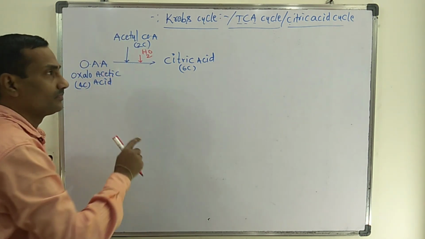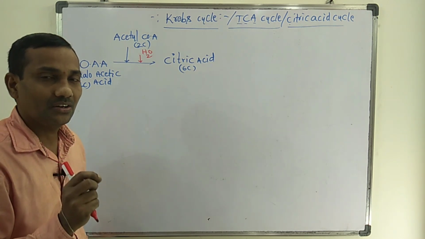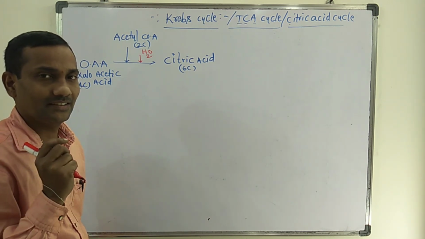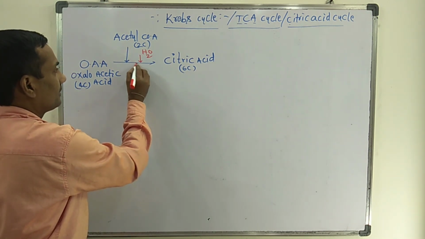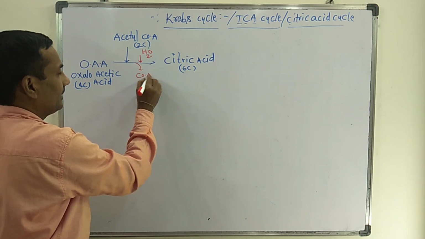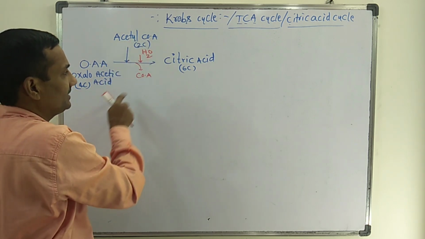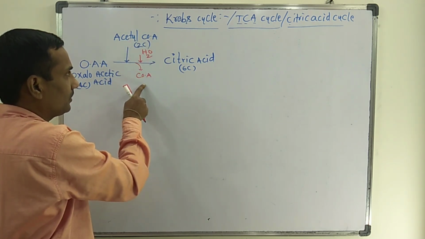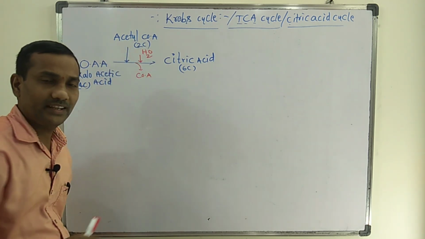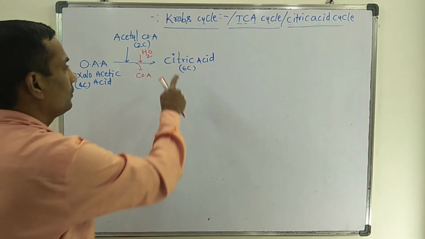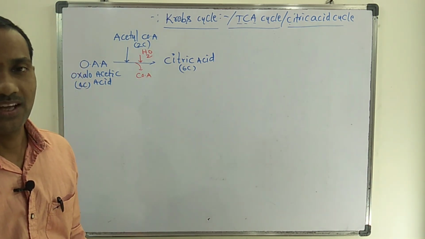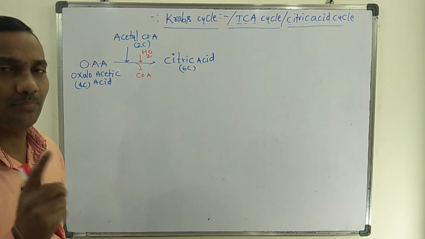This step is called condensation. Here one coenzyme A comes outside, because acetyl-CoA is there. So that CoA comes outside. Acetyl and OAA condense, leading to formation of citric acid. That is the first step.